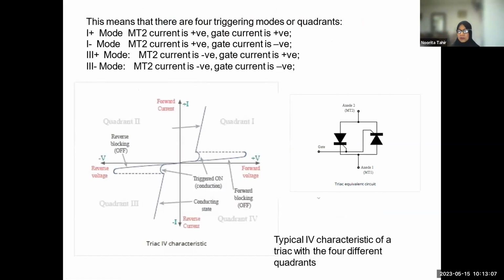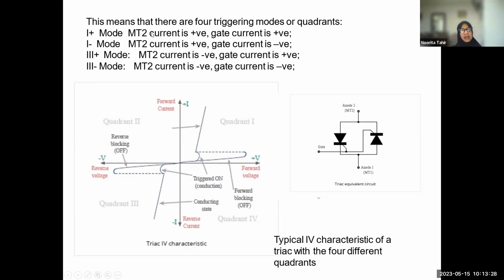Okay, so it is also found that the triac trigger current sensitivity is greatest when the MT2 current and gate current are both the same polarity.